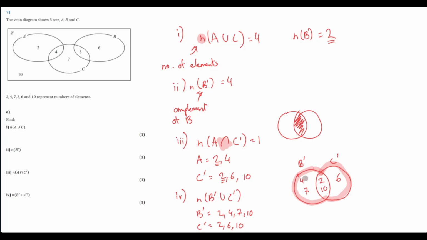So that's going to be 4, 7, 2, 10, and 6. Or in other words, what you could do is I could just get all these numbers at the top, ignore any duplicate numbers, so that'll just be 6 there. And you can see that correlates with the Venn diagram we've just drawn. So the number of elements for this will be 1, 2, 3, 4, 5. Okay, so that'll be our final answer. This will be 5.